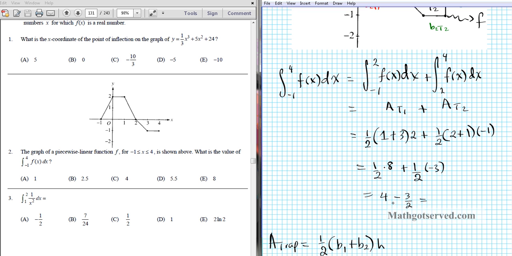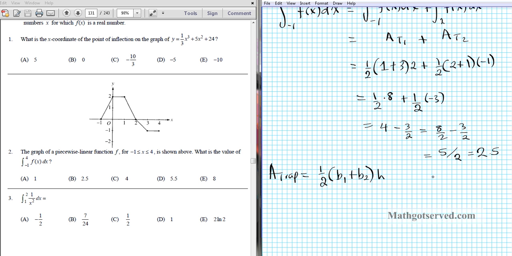The same thing as 8 over 2 minus 3 over 2, when we find the LCD, which is 5 over 2. And in decimal form, it's 2.5. All right. So we can clearly see that our answer here is option letter B.